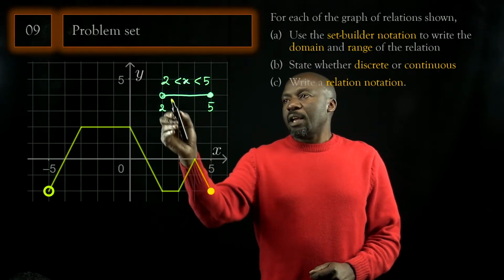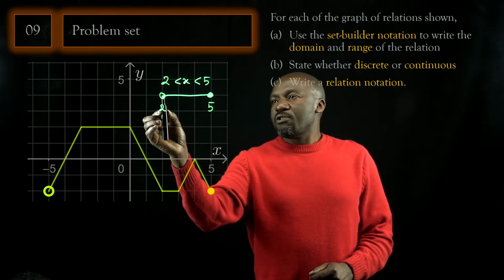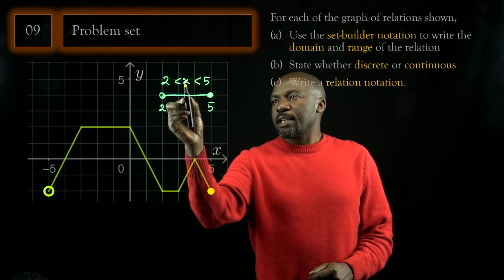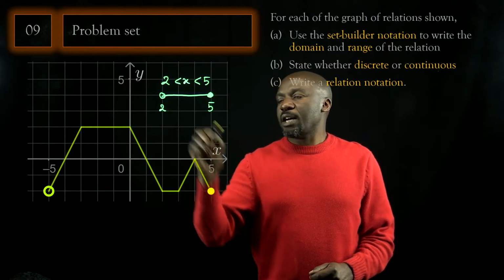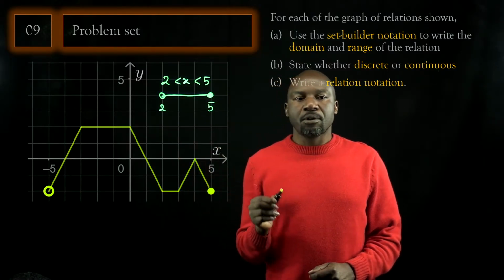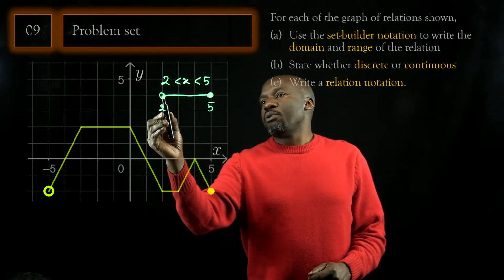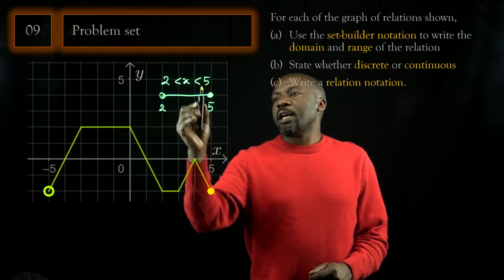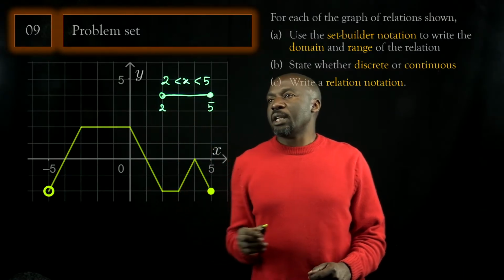Now, the unfilled circle there means that although this is the boundary for possible values of x, 2 is not part of this list. So if we were to list all the possible values of x, we would put any number along this line except we cannot put 2. So this means that 2 is excluded.